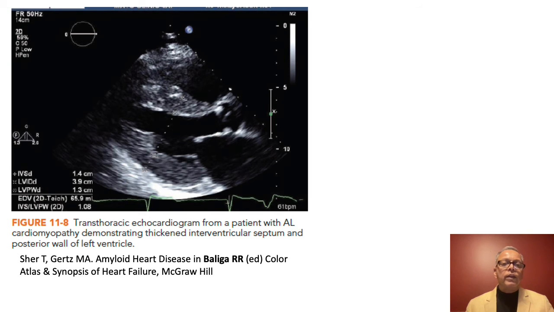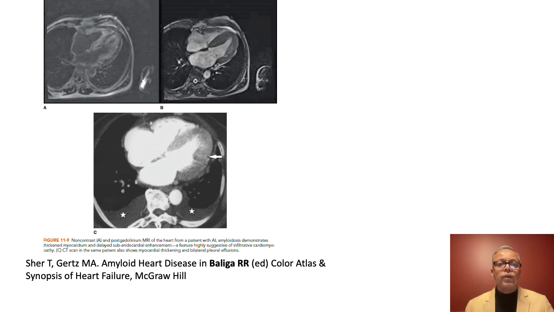This is an echocardiogram of a patient with AL amyloidosis demonstrating thickened interventricular septum and posterior wall of the left ventricle. This is from a terrific chapter by Dr. Morie Gertz and Dr. Timur Sher from Mayo Clinic. Dr. Gertz is chairman of medicine, and he contributed a terrific chapter on amyloid heart disease in the Color Atlas and Synopsis of Heart Failure.